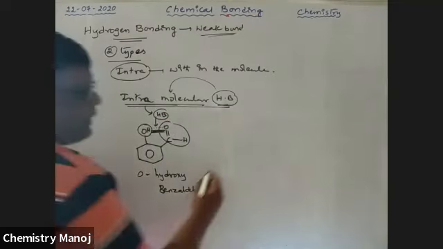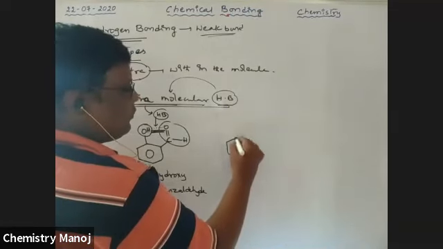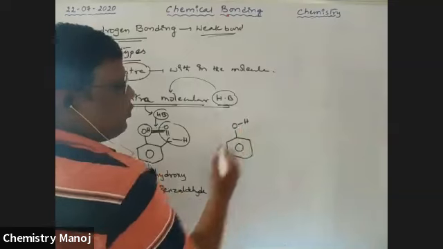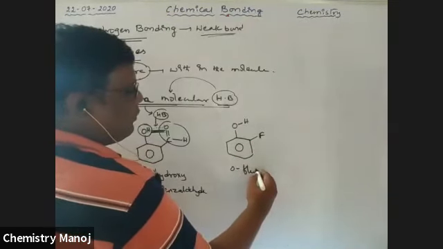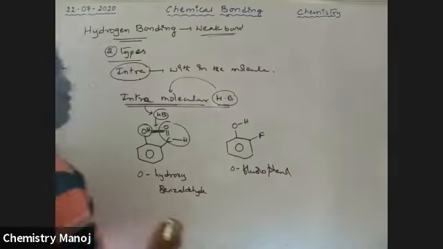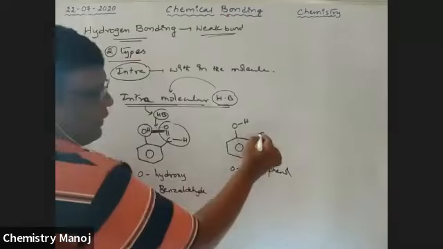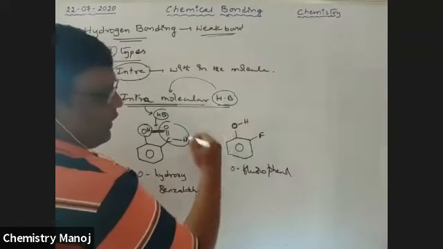Like this. See here. This is a phenol, boys, OH. This is fluorinated: ortho-fluorophenol. This is a highly electronegative element, and this is hydrogen connected with the highly electronegative oxygen.